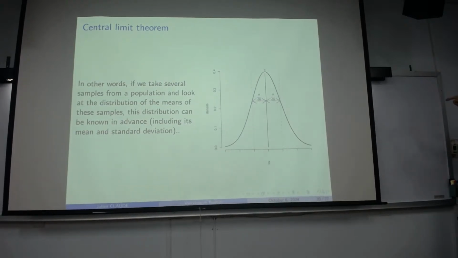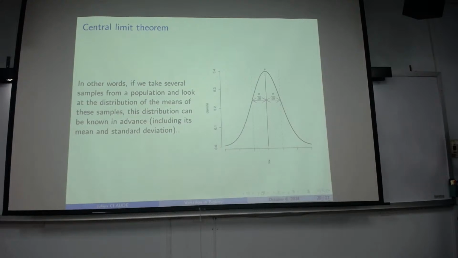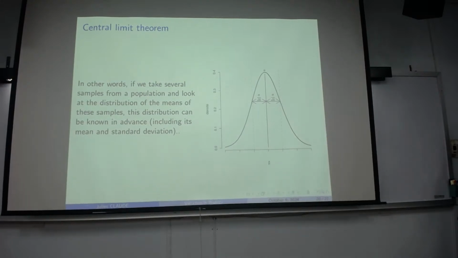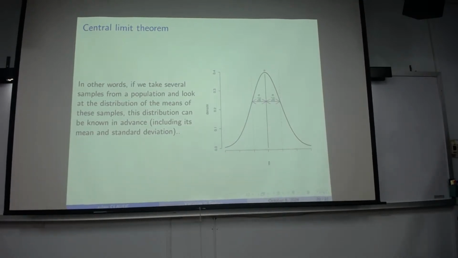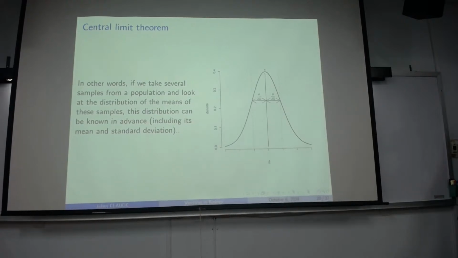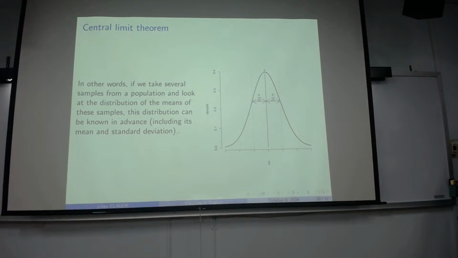The central limit theorem is not a very old theorem. It's 19th century, just 200 years ago. But this made the life of biologists, of statisticians, very comfortable because they do not have to resample, to redo the experiment, to estimate the mean and the precision on the mean from a sample.